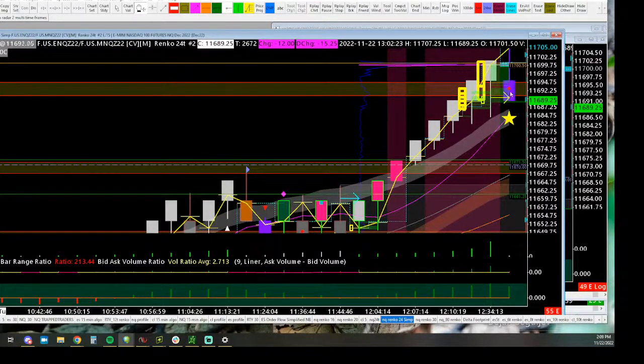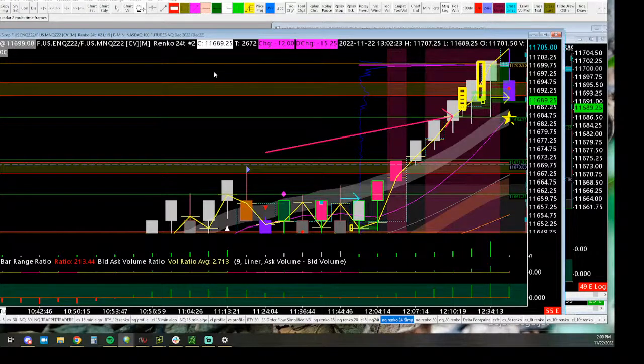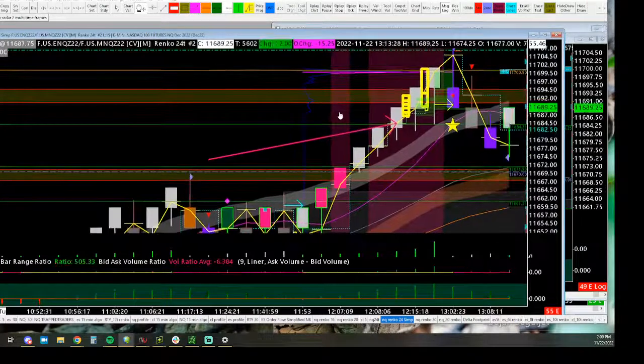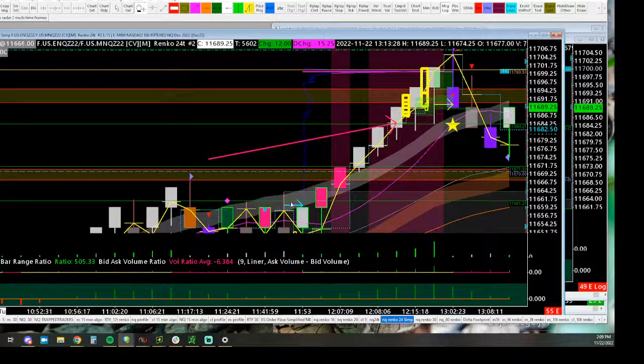I could have been aggressive and sold this just to try to get all of these green bars retested. So the lowest green bar is right here, the green extension, 84.50 or so, just above that green line. So that would be my target. It's not much of a trade, but it would have worked, and I could have held runners a little bit further. Look how close I got to getting that entry, and it just didn't happen.